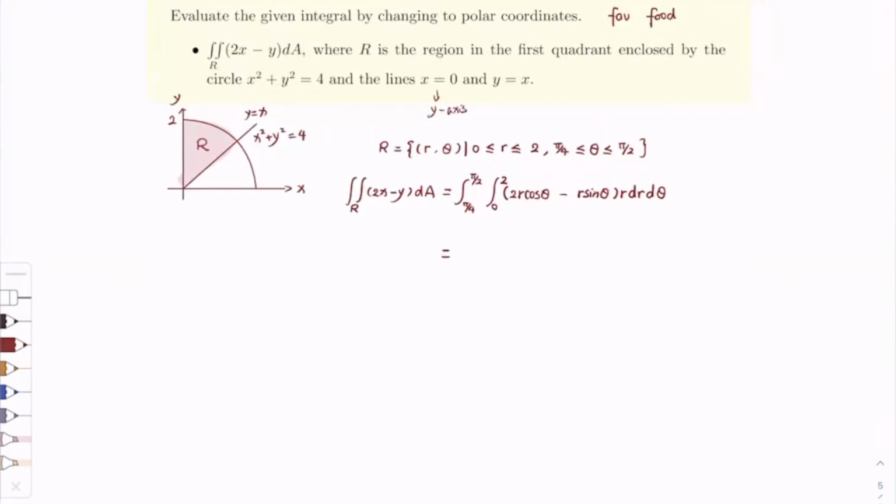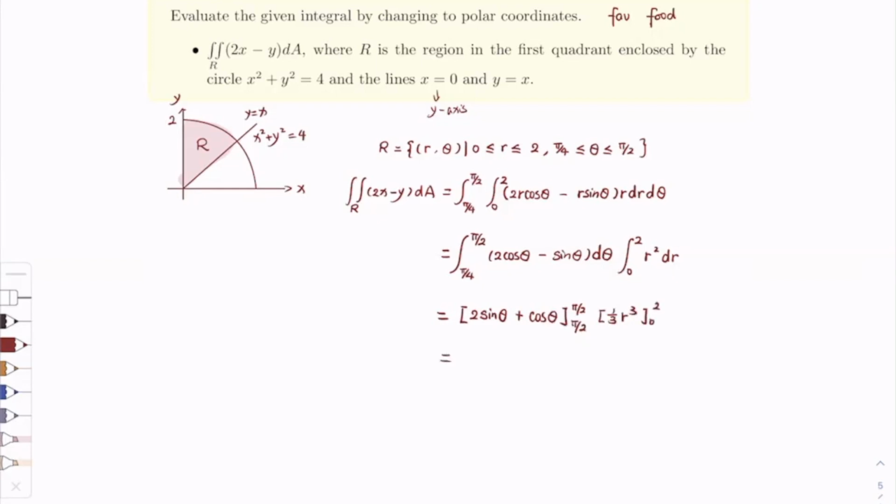That's going to give you the integral from pi over 4 to pi over 2 of 2 cos theta minus sine theta d theta, and then the integral from 0 to 2 of r squared dr. It's just computation, so it should be simple. 2 sine theta minus, minus cosine theta is plus cosine theta, from pi over 4 to pi over 2, and this side will be 1 over 3 r cubed from 0 to 2.